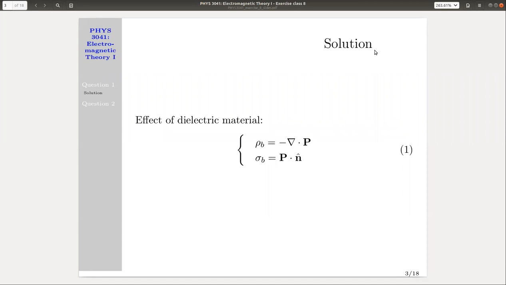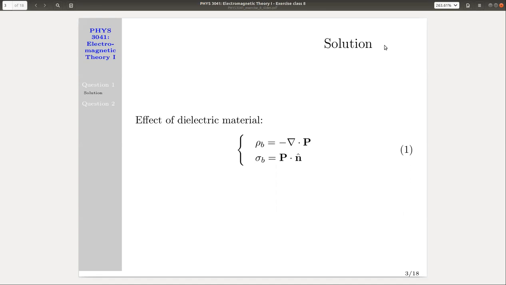Before really starting to solve the problem, let's recall what the effects of a dielectric material in an electric field are.